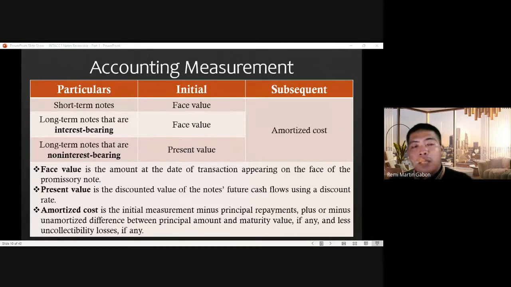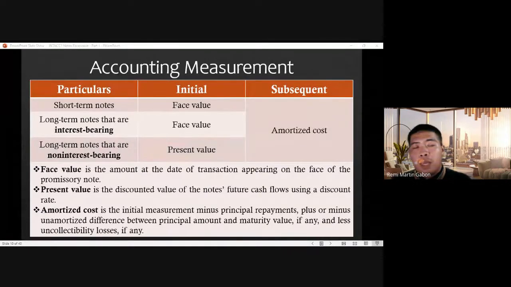Then less uncollectibility losses, just like all other receivables, notes receivable could be subject to bad debt or uncollectibility. So we can recognize losses. Under IFRS 9, what is the proper term for that losses? Credit losses. Okay, credit losses.